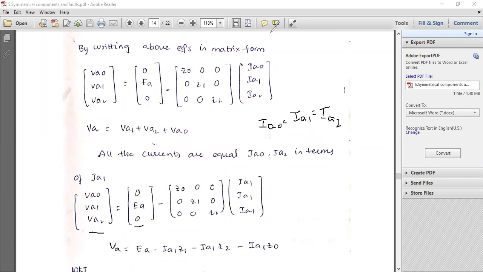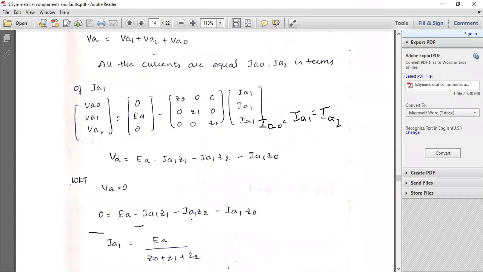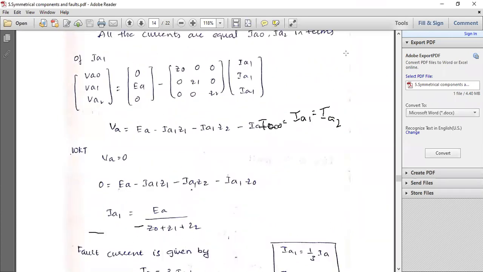Now you see here. Just now we have discussed that VA is equal to VA1 plus VA2 plus VA0, which is the combination of three sets of voltages.